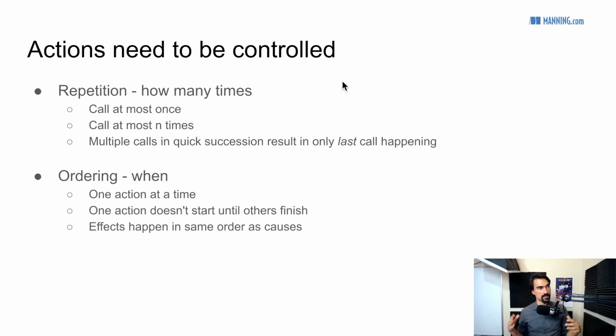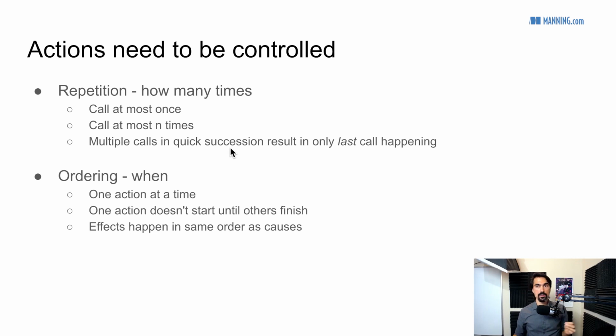Repetition, very simply, is how many times it runs. There are different ways you might want to control it. We already looked at call at most once, but you might want to call at most n times. So instead of a Boolean that goes from false to true, you could count 0, 1, 2, 3, and if it gets to 10, you stop. You could make something like that.